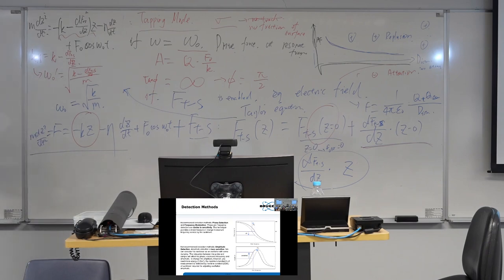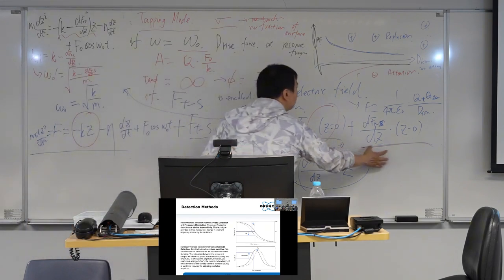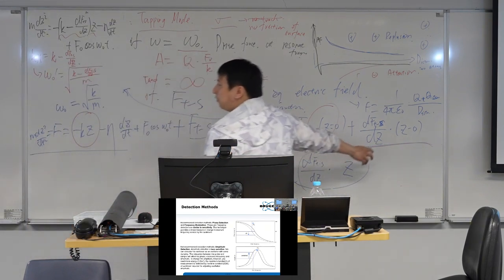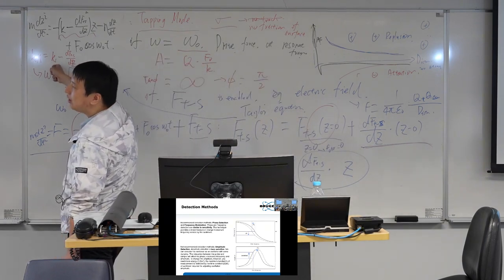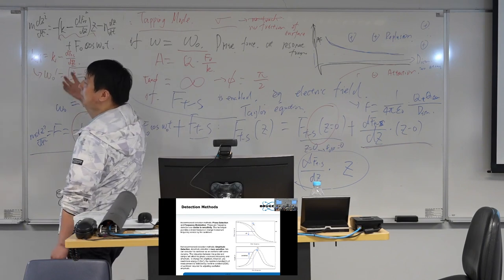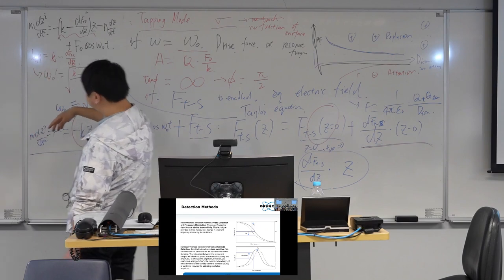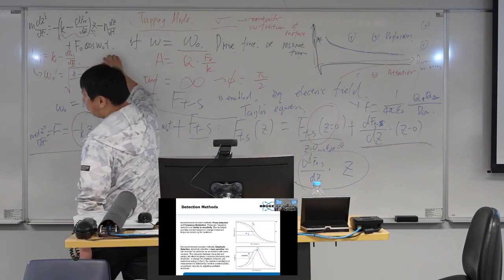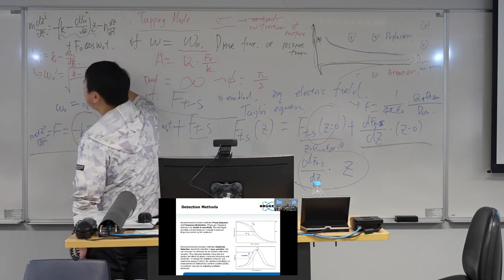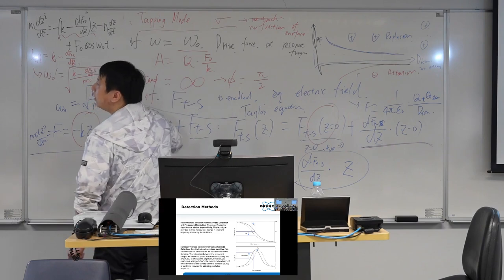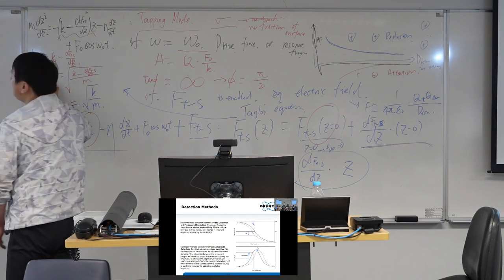Once we apply an electric field, this electric field will change the effective spring constant of the probe. It will make it harder or softer. As a result, it will change the resonance frequency of our cantilever. So it will cause a shift of the resonance frequency.